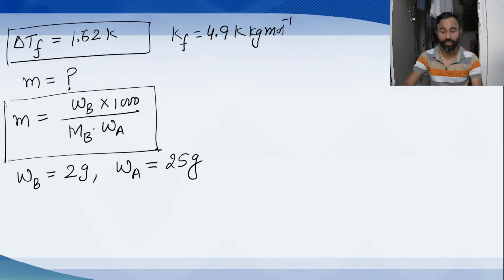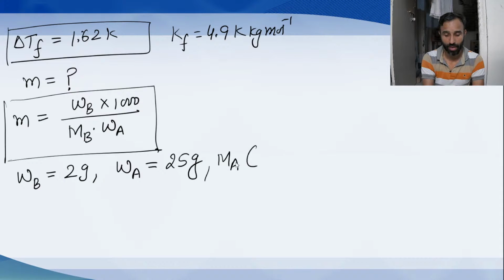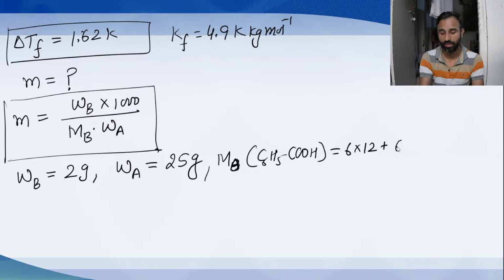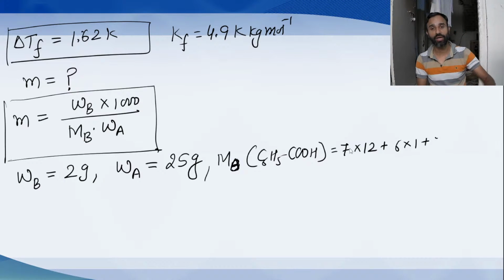The rest is MB, the molar mass of benzoic acid. Benzoic acid is C6H5COOH, so 7 carbon, 6 hydrogens, and 2 oxygens.